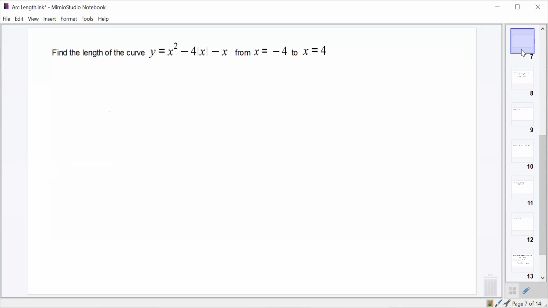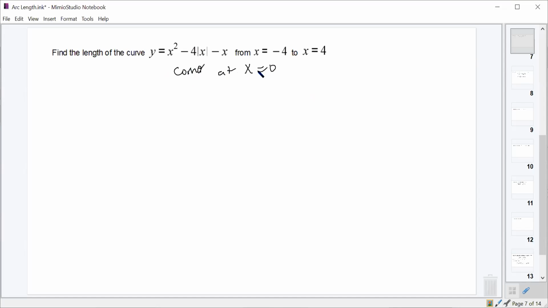All right, let's do another one here. What's wrong with this one? Yeah, the absolute value is causing what to happen at x equals 0? It's giving us a corner, right, at x equals 0.